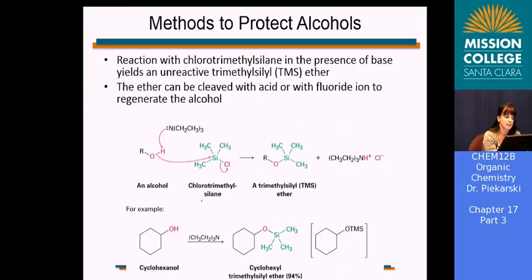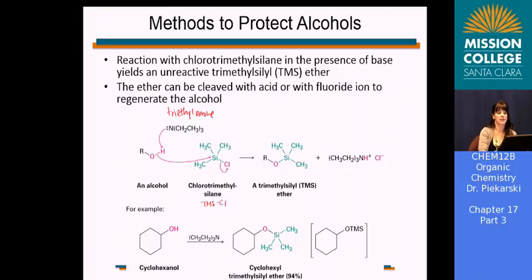You can also see it as TMS chloride, and I'm okay if you use that abbreviation. This is in the presence of base, in this case triethylamine, a very stinky base that smells like fish. And the ether can be cleaved with acid.